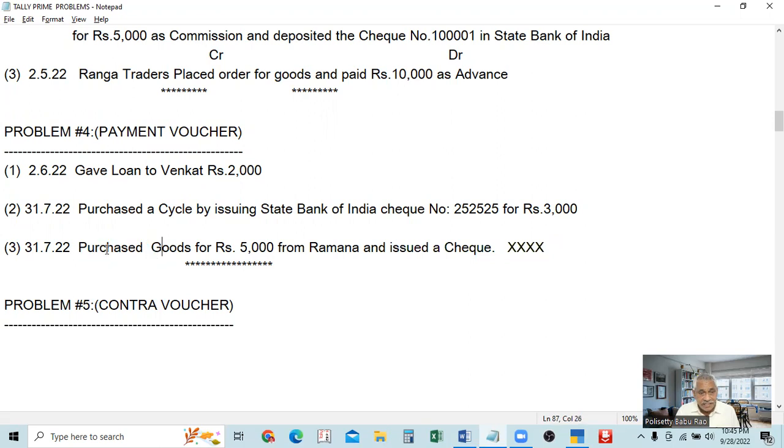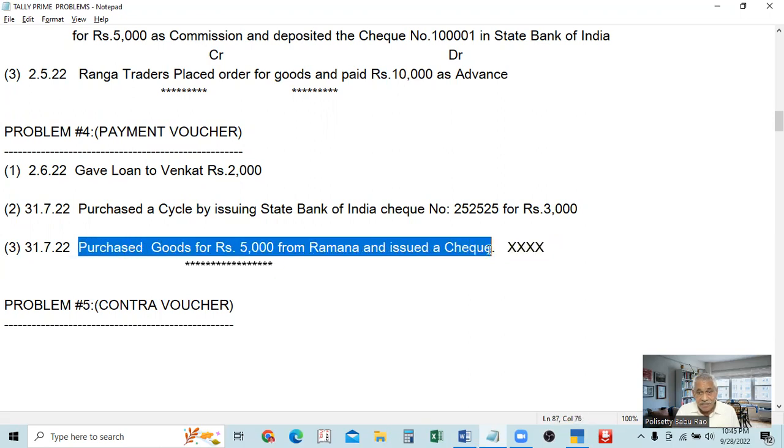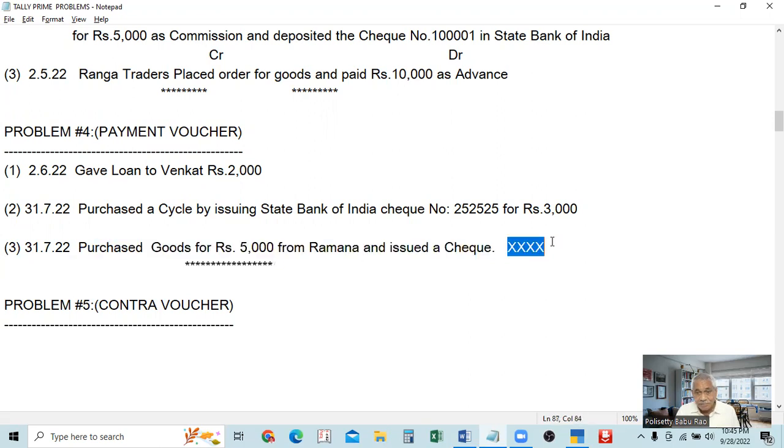Even though this is payment, it is payment for goods, so it will be entered in the purchase voucher. It is not entered in the payment voucher. So we have to remember that. Everything given does not mean we should enter everything in the same place. We have to analyze where to enter.